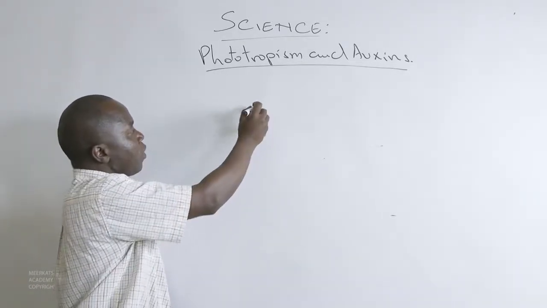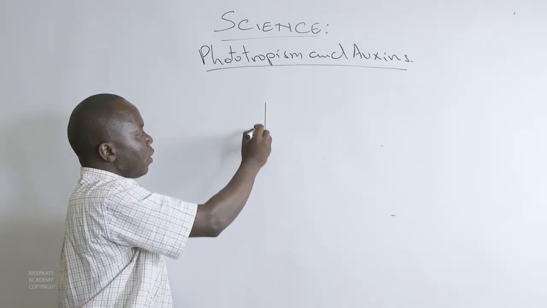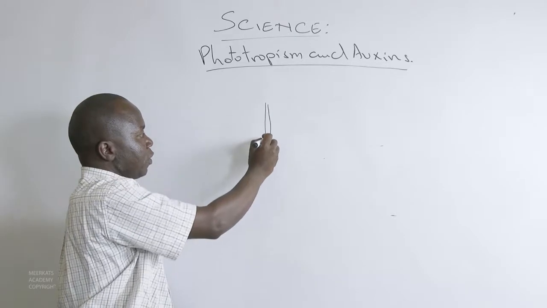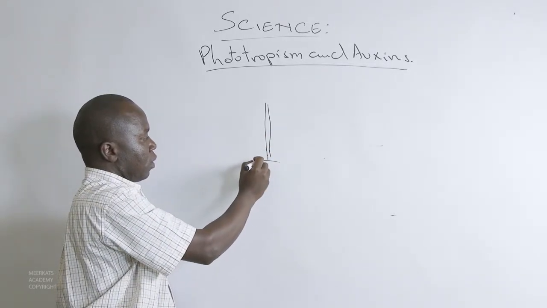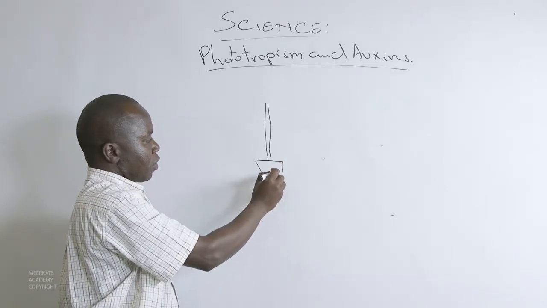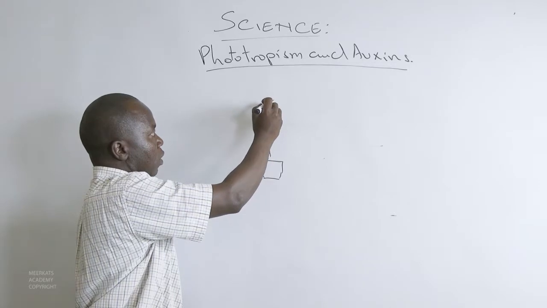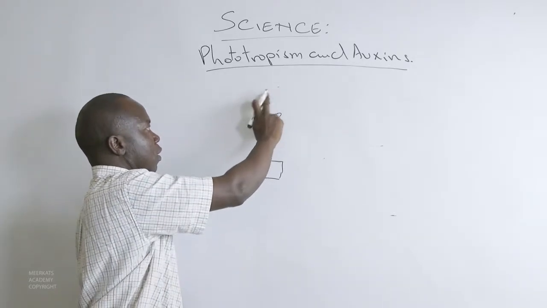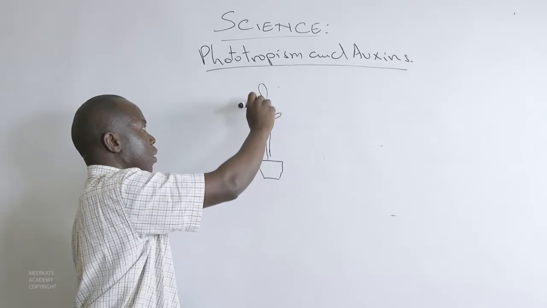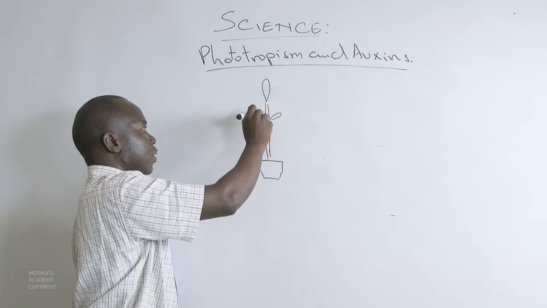Suppose now you have a seedling growing in that position, in a pot. Let me use one leaf, just one leaf there.